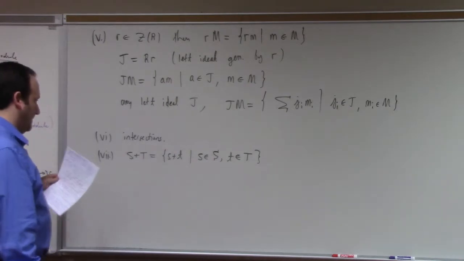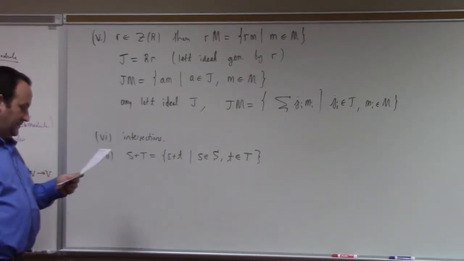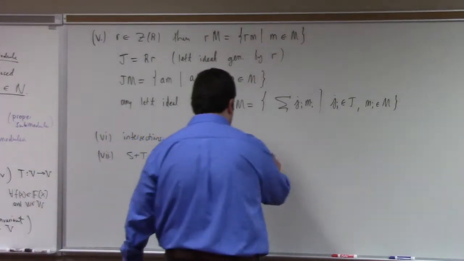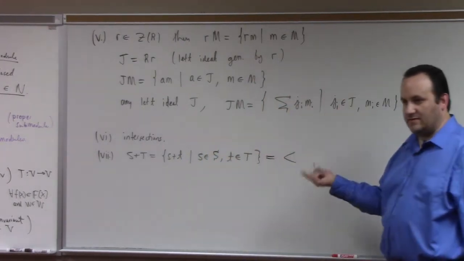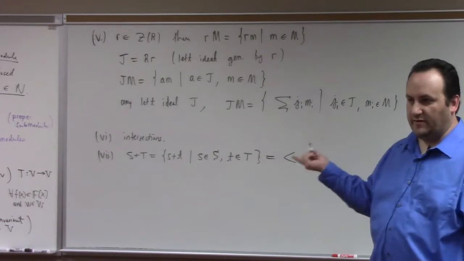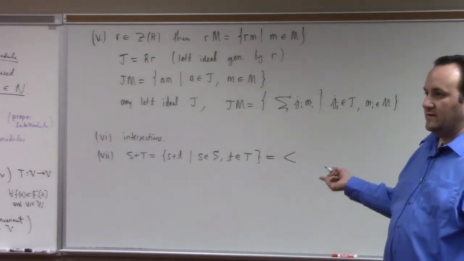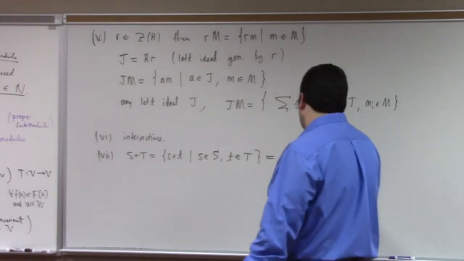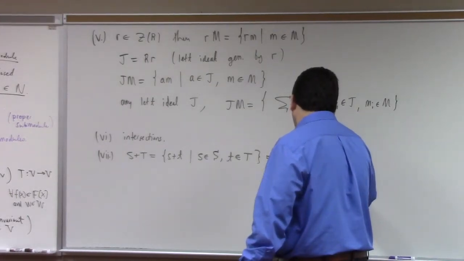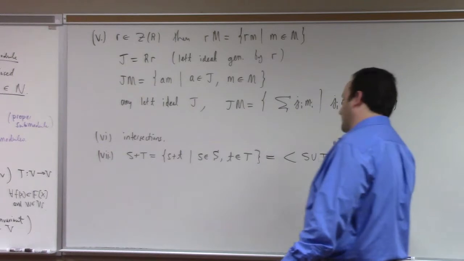Right? And in fact, this is generated. So this submodule contains both S and T. It contains the S submodule, and it contains the T submodule, and in fact, you can prove that it's generated by their union. So this angle bracket means generated.